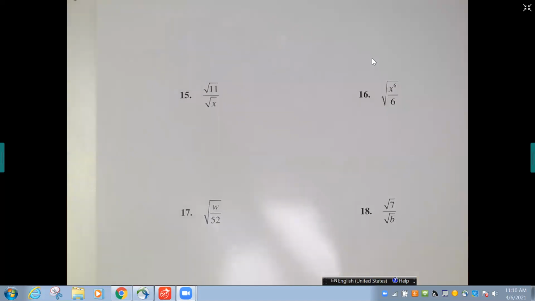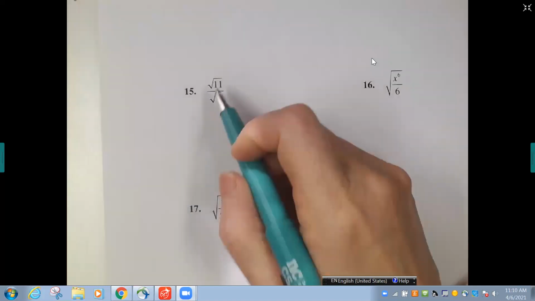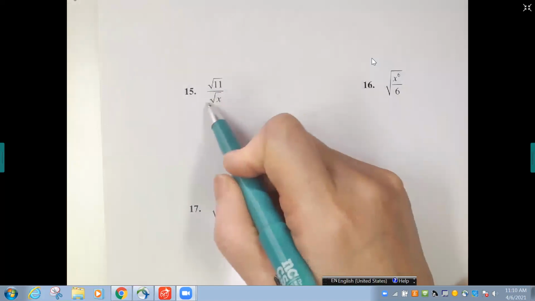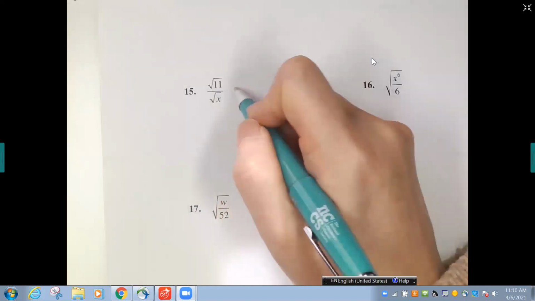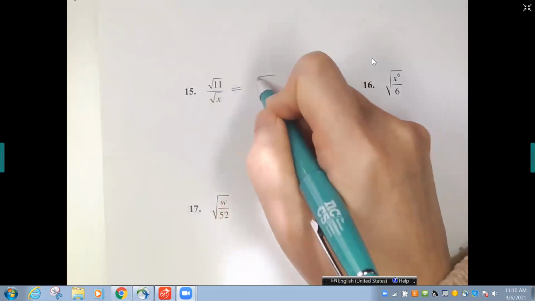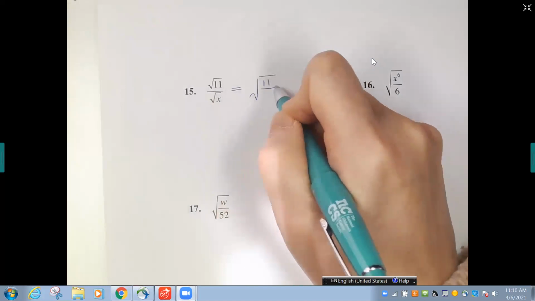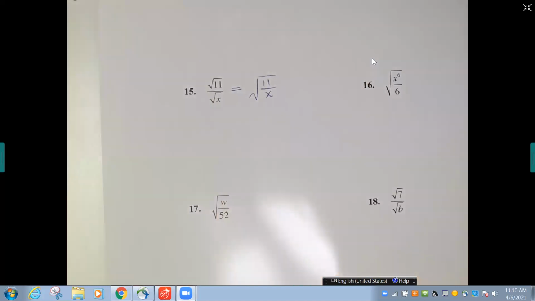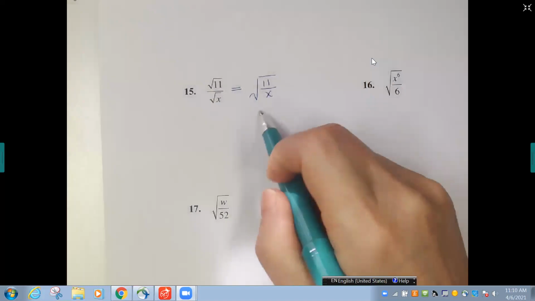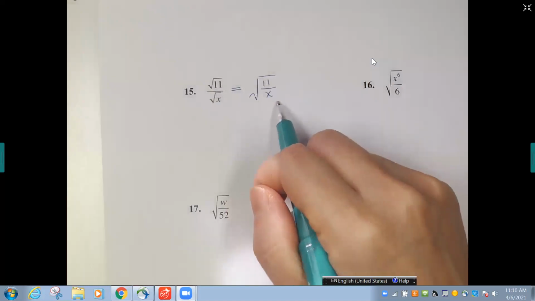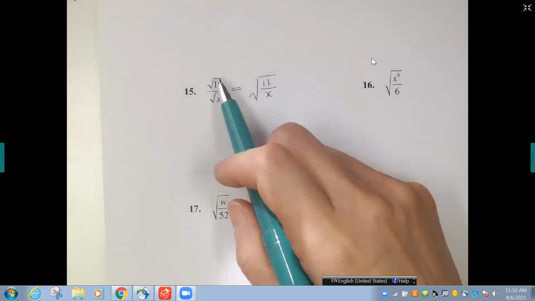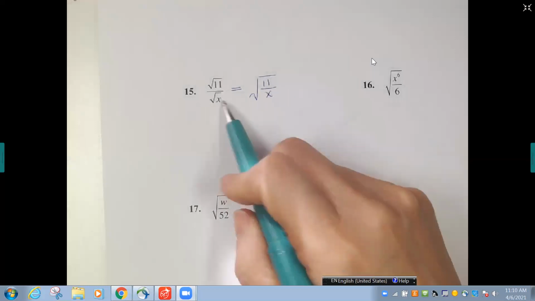What if we have another example? We have radical 11 over radical x. So what does this equal to? This equals radical 11 over x. So write down the division directly. Apply the division rule, numerator divided by the denominator.